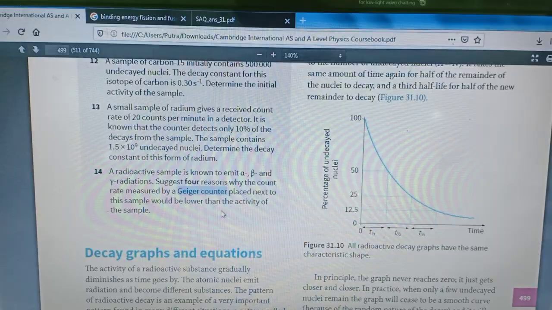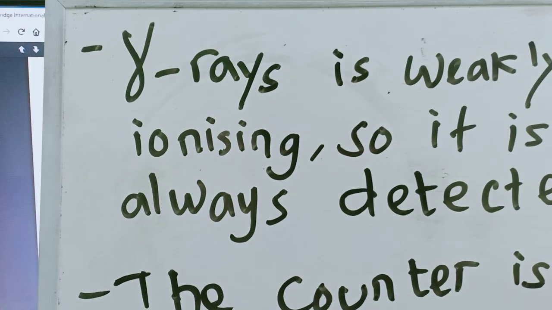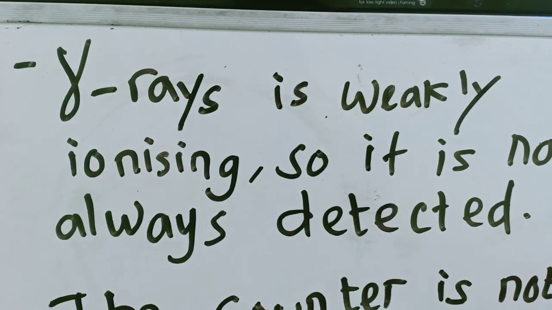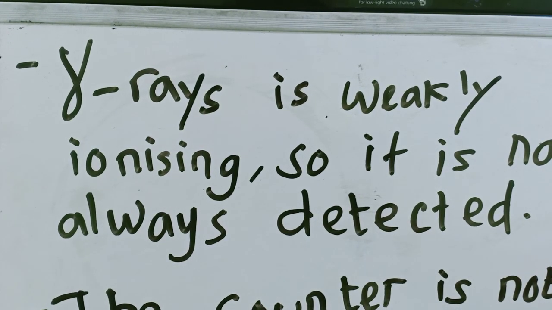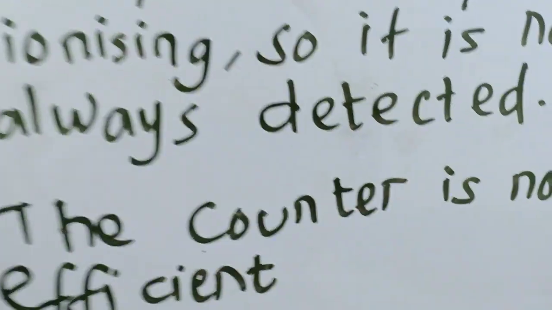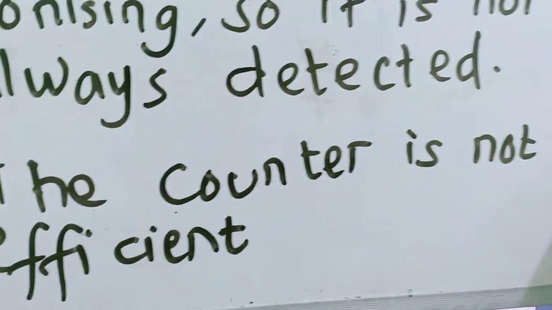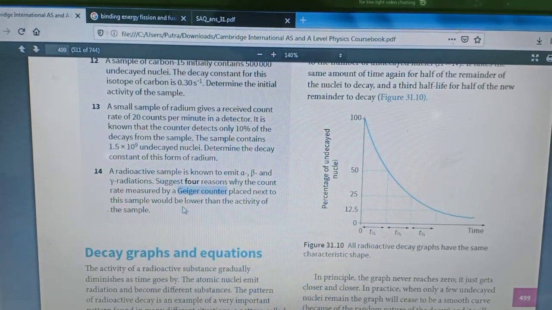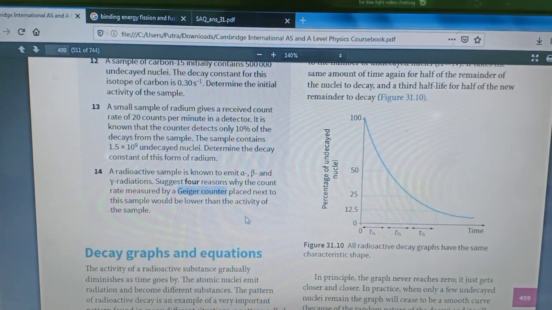This Geiger counter is a counter of radioactive decay, so it can count how many nuclei have decayed at a time. Some of the reasons can be these: gamma rays are weakly ionizing, so they are sometimes not detected. And the Geiger counter is not fully efficient. So the count rate will be lower than the activity of the sample itself. You can find the other 2 reasons from the internet.